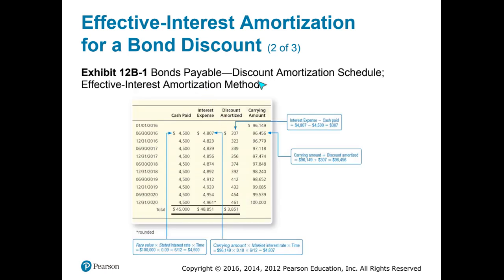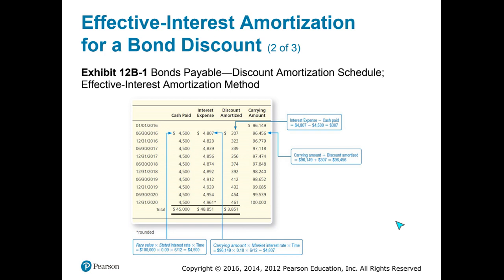So here we have bonds payable, discount amortization schedule, effective interest amortization method. And this is on 623. So they tell us here how we calculate each of these.